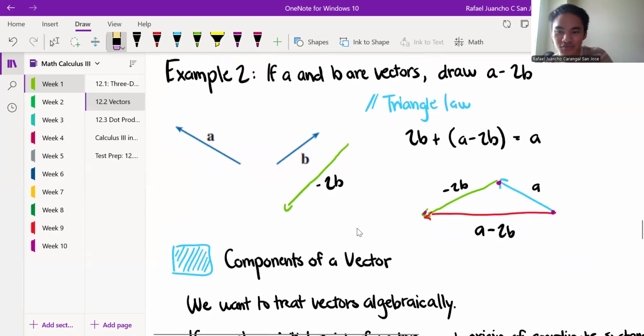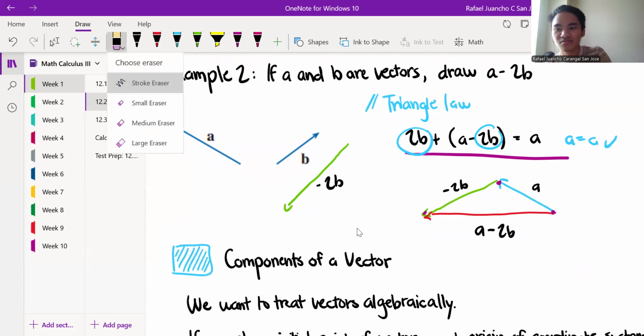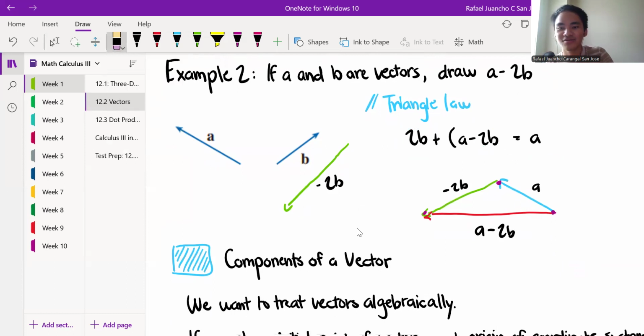Okay, or we could do it this way, actually. Because 2B minus 2B is just 0, so this would be A equals A, which makes sense. You could do it like that. Now, how would that look like? Well, it probably look something like this. We have a 2B, so if this were B, 2B would be like this, right? And then we add an A minus 2B. But again, we don't know what that looks like, right?